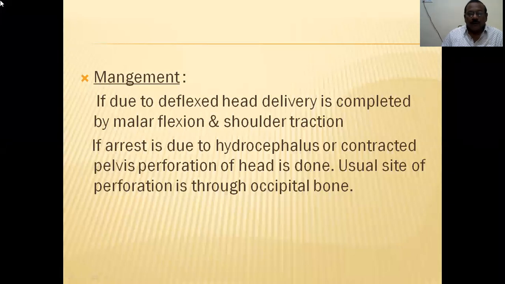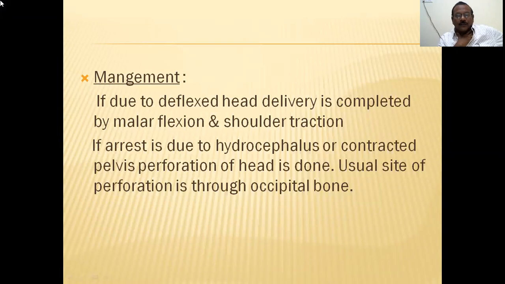Perforate at the occipital bone, not in the anterior or posterior fontanelle. If you perforate in the soft part of the head, it will collapse and close the perforated hole, and it prevents the drainage of the brain matter. So you must always attempt perforation at the occipital bone so that the perforated part doesn't collapse.